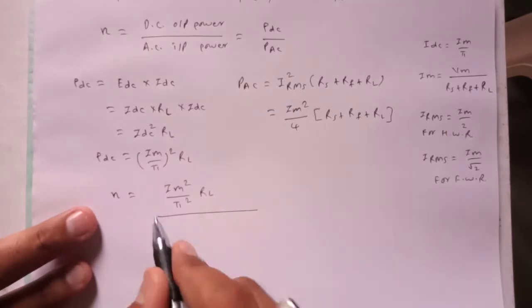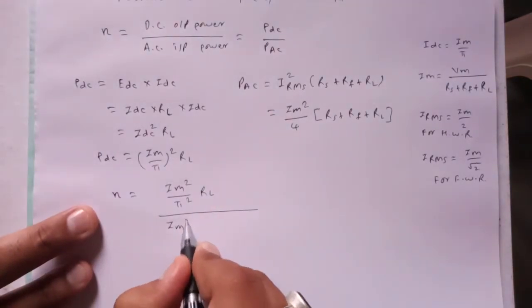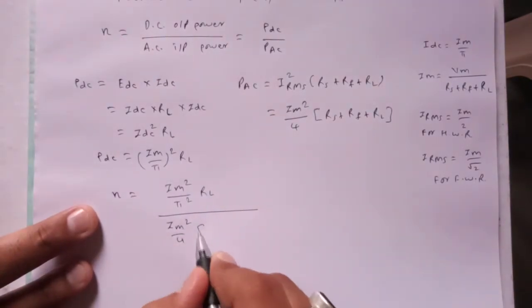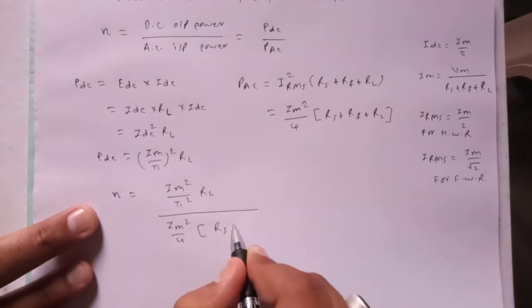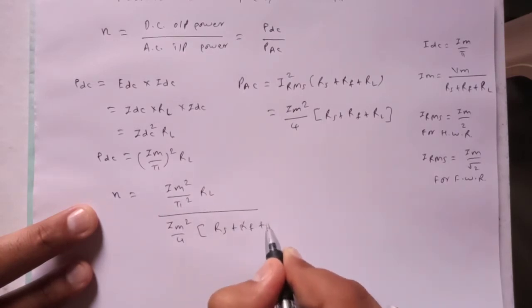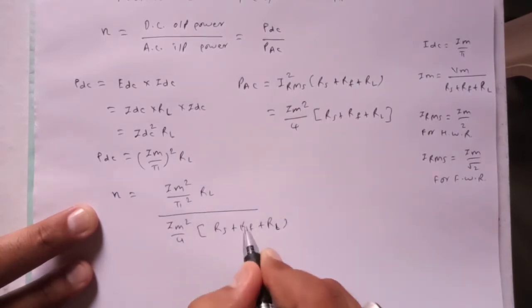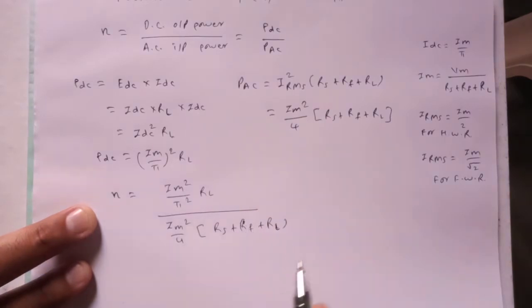So this equation we put here: Im squared by 4 into the bracket Rs plus Rf plus RL. Further, it is very simple.